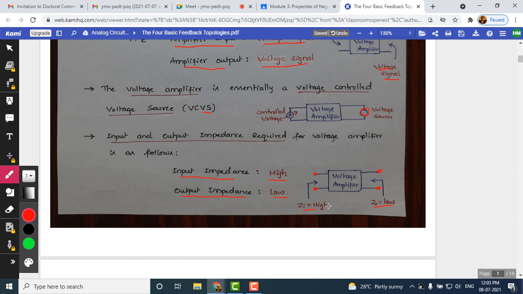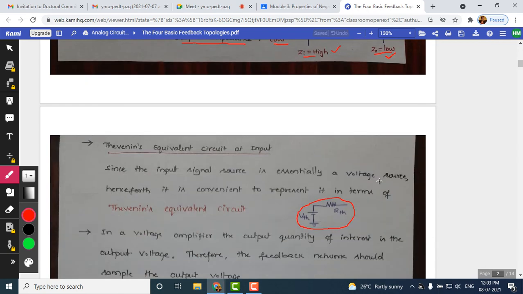I also told you the importance of having higher input impedance. Higher input impedance means little current is drawn from the source, and the lower output impedance will give maximum output to the load. That is what is important for this voltage amplifier.